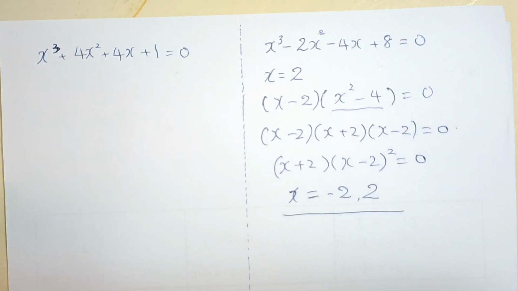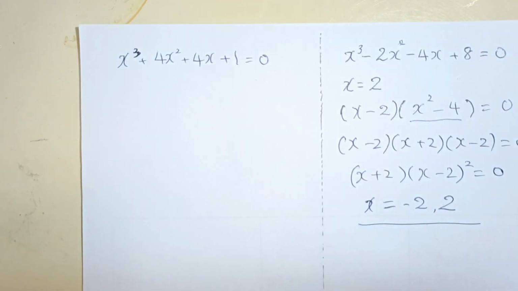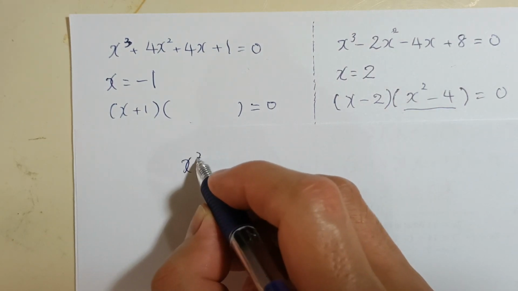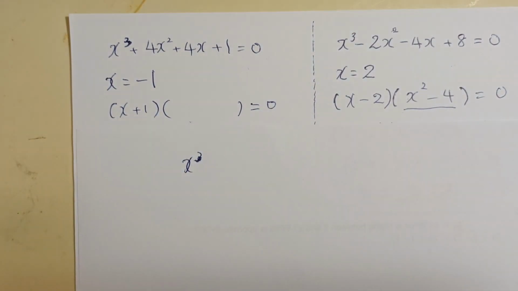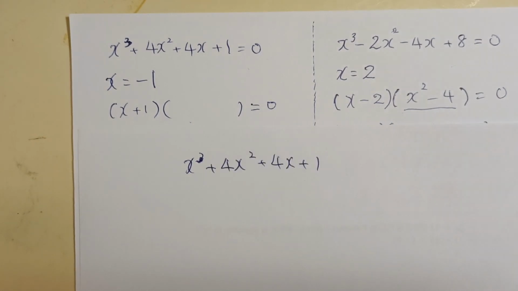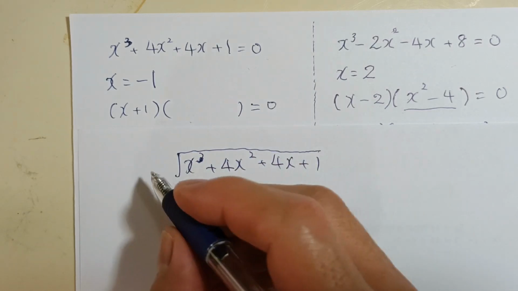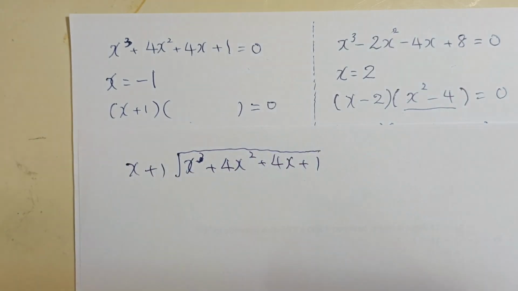Right. So let's try to solve this equation. Let's do x to the power of 3 and 4x and then x squared plus 1, and then x plus 1.